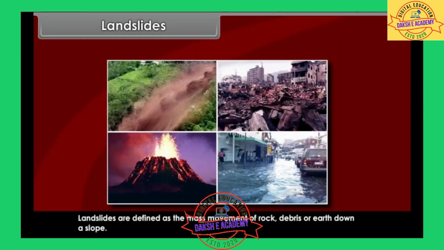Landslides are defined as the mass movement of rock, debris, or earth down a slope. They often take place in conjunction with earthquakes, floods, and volcanoes.